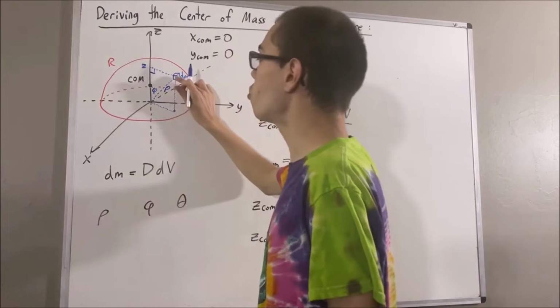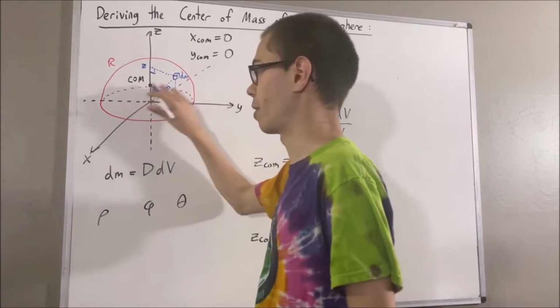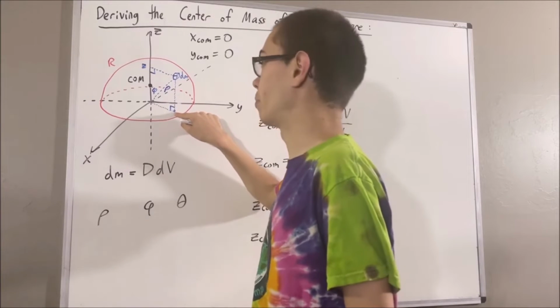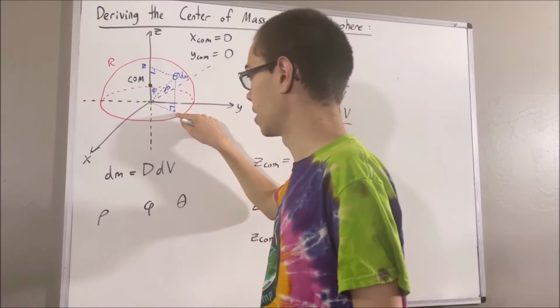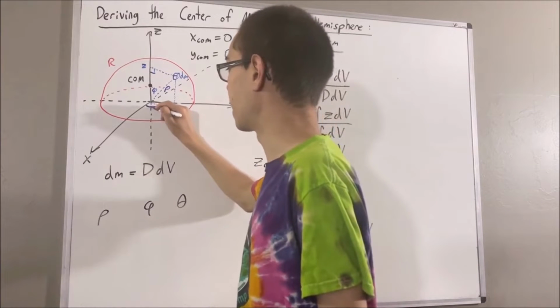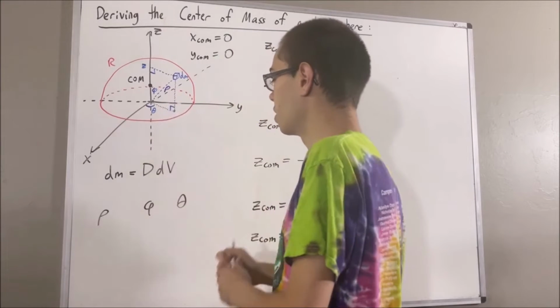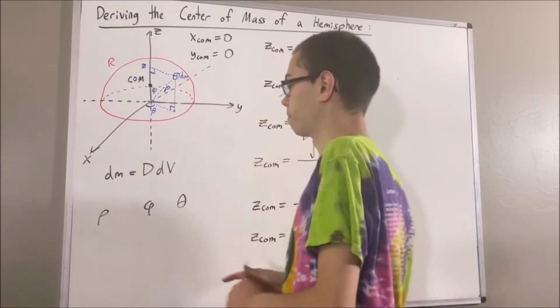And we drew the first dashed line so that it was perpendicular to the xy plane. So this point represents the projection of our differential mass onto the xy plane. And theta is this angle right here. So these are our three spherical coordinates.